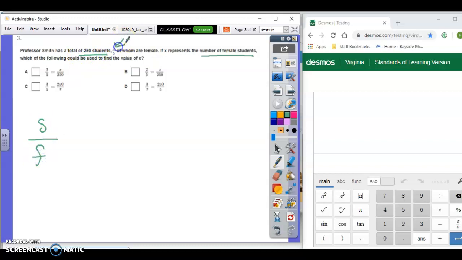So the problem here is the fraction that's throwing people off. When you think about a fraction, remember it's part to whole. So in this case, we have 3/5. So we have the part that 3 are female, and 5 is our total number of students. So when I write that, those are the words that I'm using. So for female, I'm going to put 3.